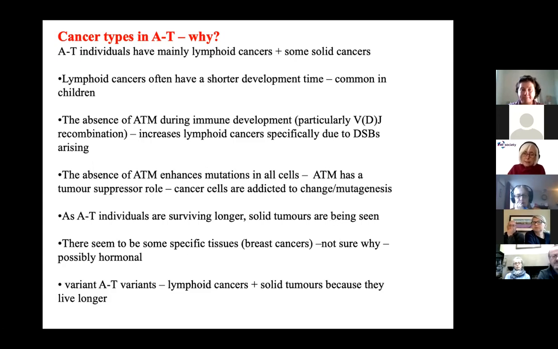There seems to be some tissue specificity, particularly breast cancers, and I'll come back to that a bit later, but it's possibly because these are hormonally driven cancers, and there's some evidence that the hormones result in double-strand breaks arising, so it may increase those events happening. And then variant AT, lymphoid and solid tumors, get more solid tumors effectively, just because they're living older.